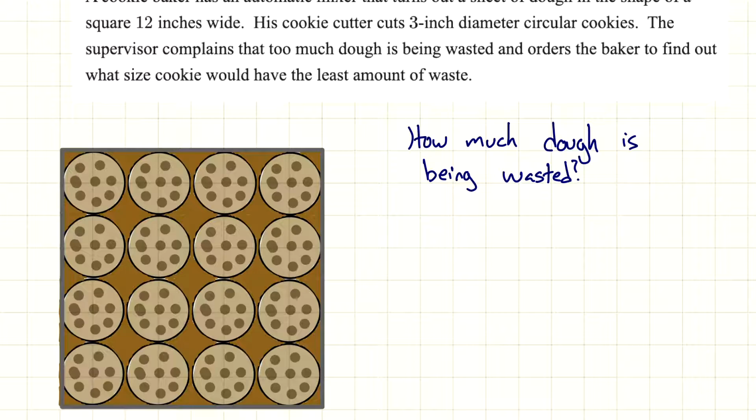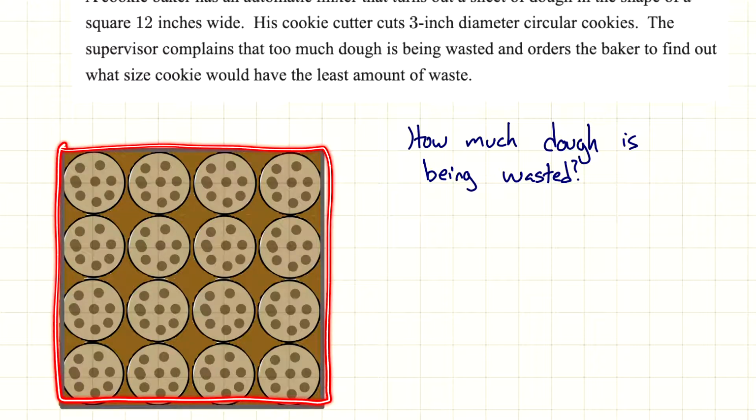All right. We have some measurements. The cookie dough is 12 inches wide. Well, it's the shape of a square. So I have this square shape for us. This is 12 inches wide. So 12 inches. It also happens to be a square, so that means it is 12 inches tall as well. All right, and the cookie cutter cuts 3-inch diameter cookies.